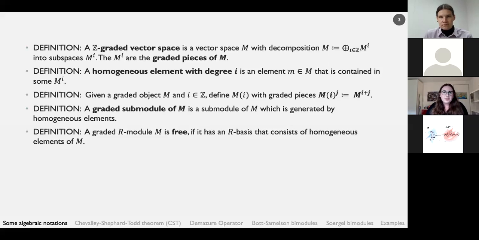Just for conventions, if I talk about a submodule of M, I always mean a graded submodule, meaning a submodule of M which is generated by homogeneous elements. The next definition I want to mention is that we say that a graded R-module is free if it has an R-basis that consists of homogeneous elements.